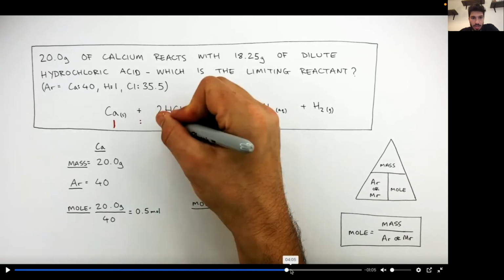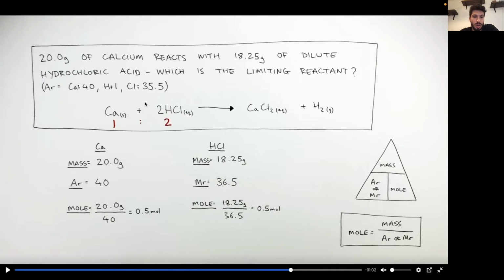Based on this, we can see that the ratio is 1 to 2. So if the ratio is 1 to 2, and there's 0.5 moles of calcium, there should be 1 mole of hydrochloric acid. Or if there's 0.5 moles of hydrochloric acid, there should be 0.25 moles of calcium.